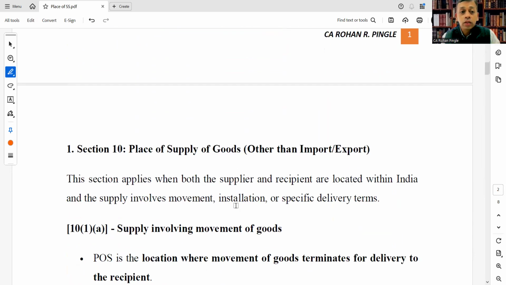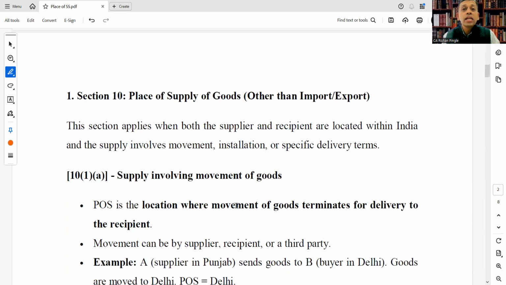Let's start with section 10, place of supply of goods other than import or export.